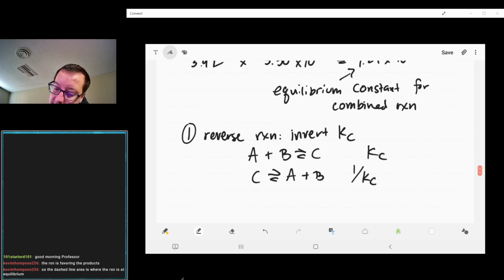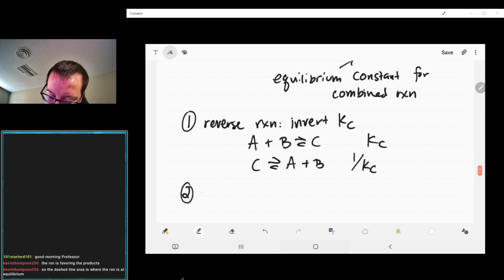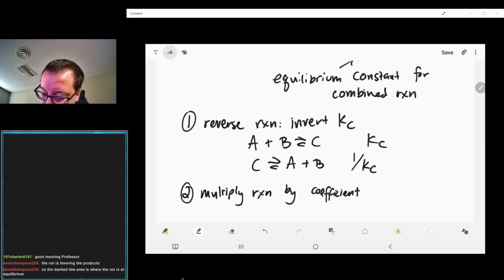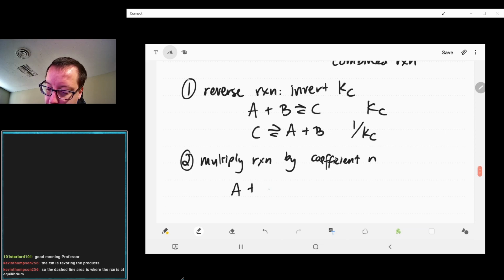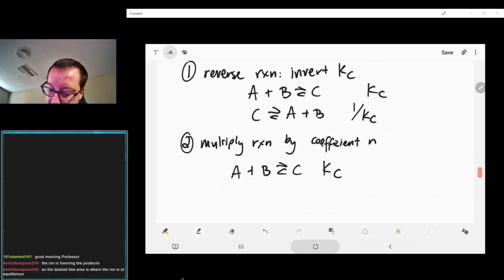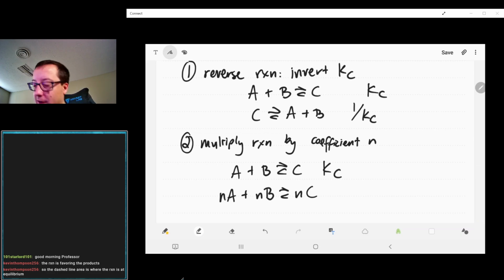So, exciting stuff. If you multiply by whatever coefficient you want, let's say it's n, if that is your Kc, and you decide to multiply all of those by some number, whatever it happens to be, you end up getting Kc to the nth power.